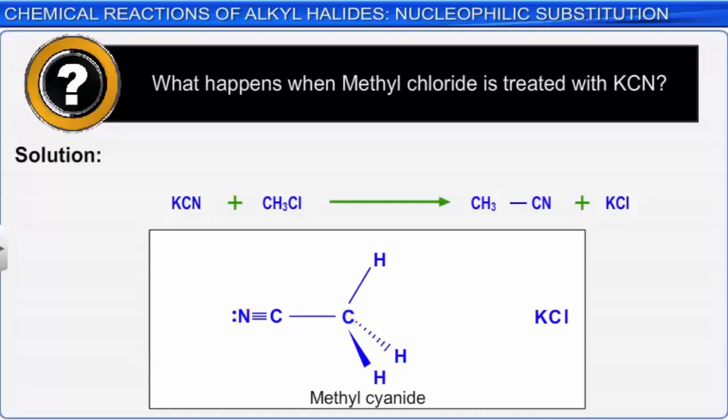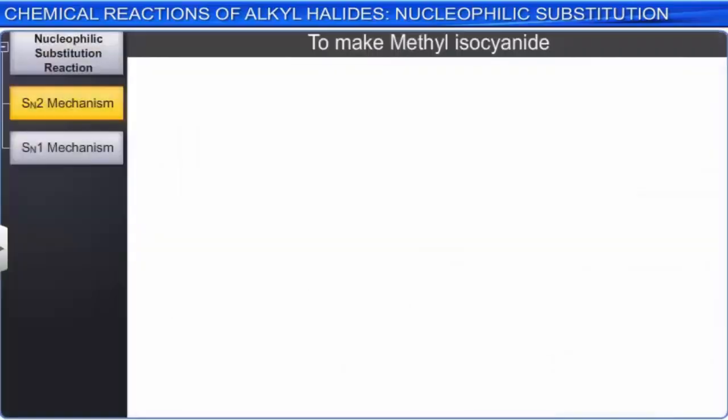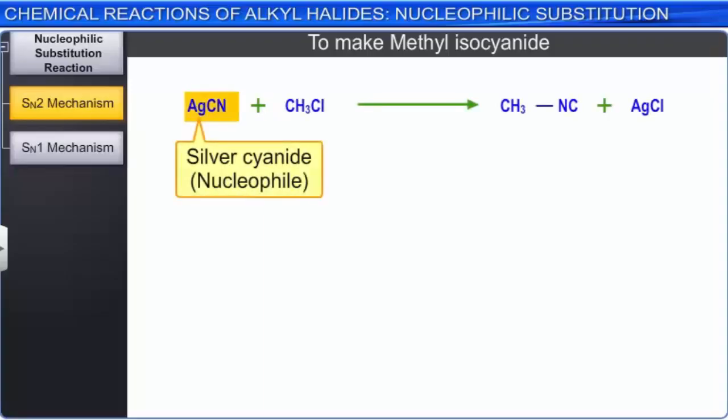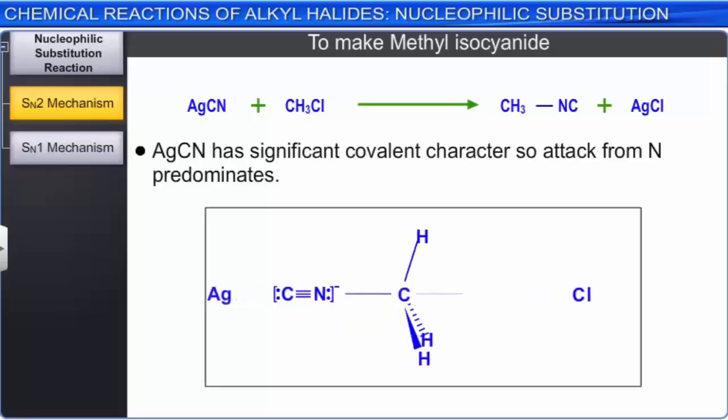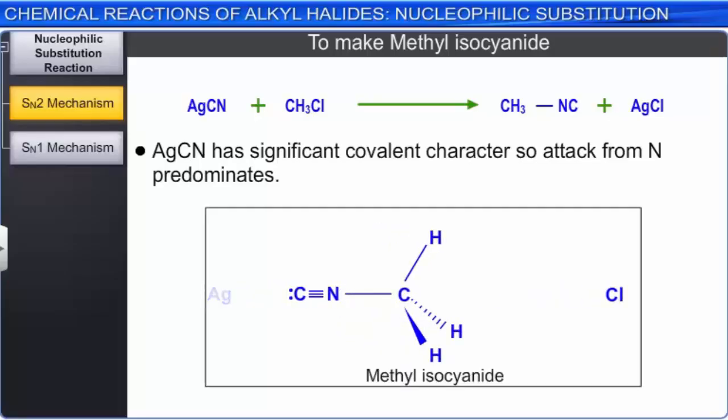So, methyl cyanide is the primary product. If we wanted to make methyl isocyanide as the primary product, we should have used silver cyanide as the nucleophile. Since silver cyanide has significant covalent character, linking through the nitrogen atom predominates.